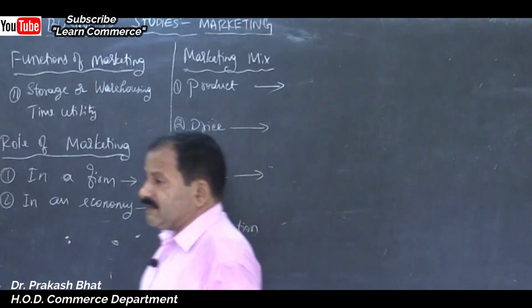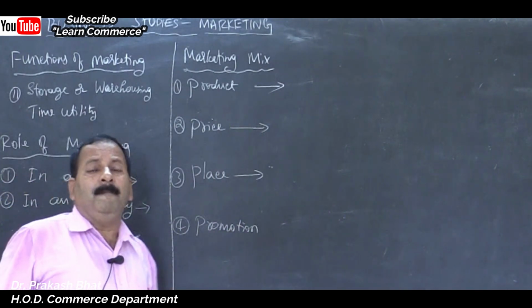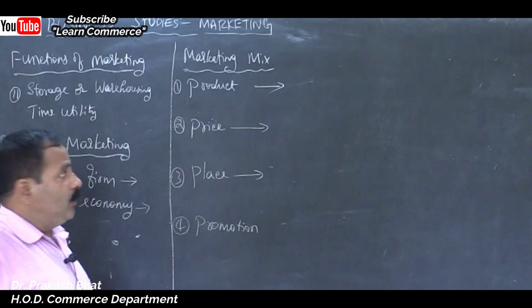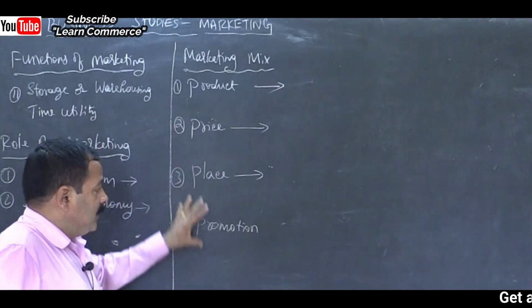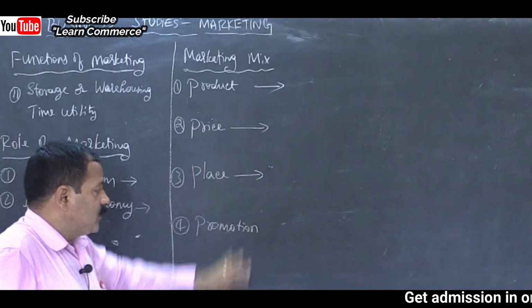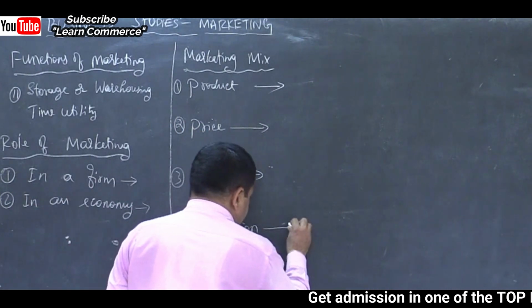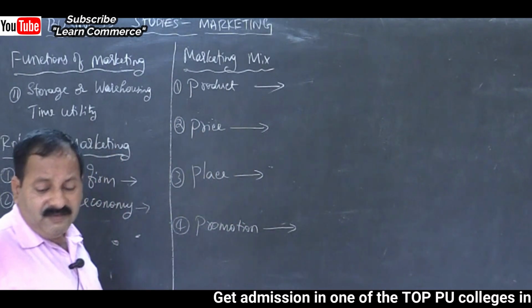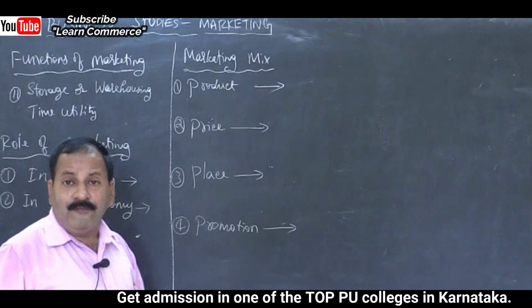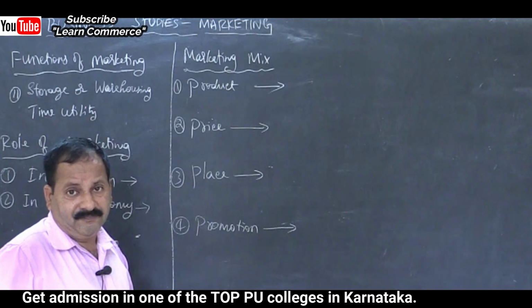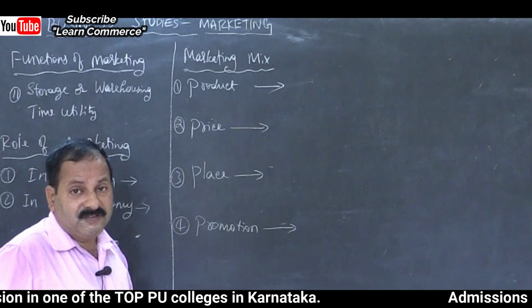So marketing mix is the mixing or blending of 4 controllable variables. These are called controllable variables because they remain under the control of the manufacturer or the marketer, under the control of the business firms.